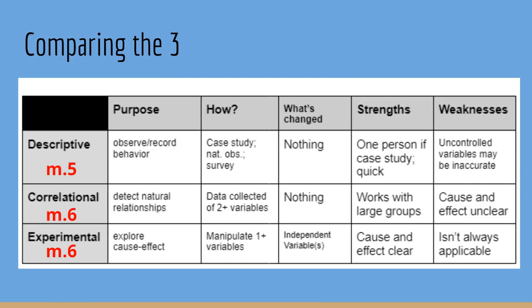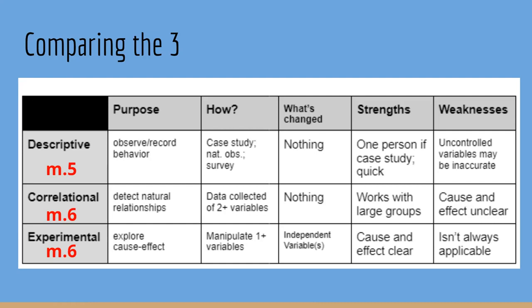You're just observing it. Now, for experimental, you're manipulating, which means you are changing something. You're doing something to see what happens. So what's changed? Nothing has changed for descriptive. Nothing has changed for correlational. You're just observing natural things. But experimental, you're changing the independent variable.